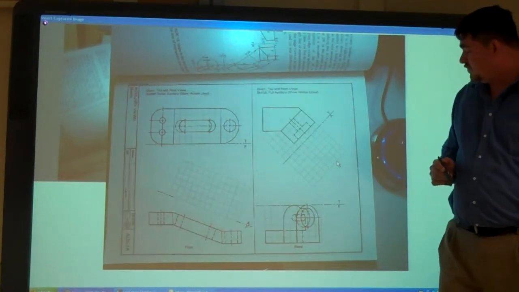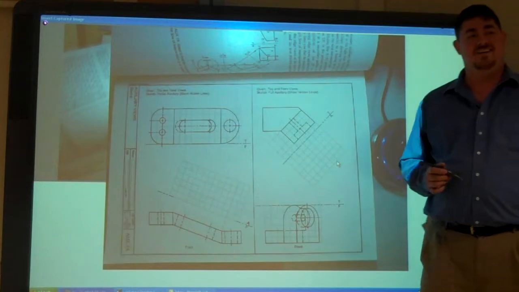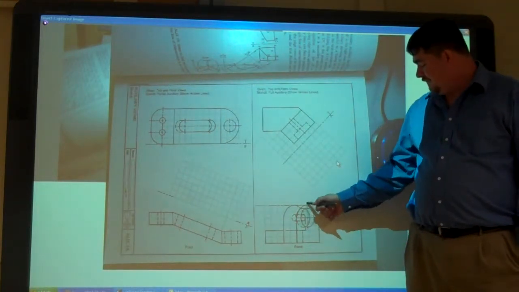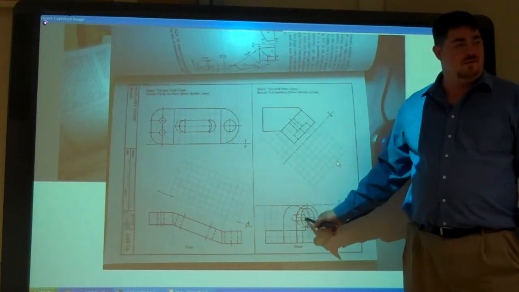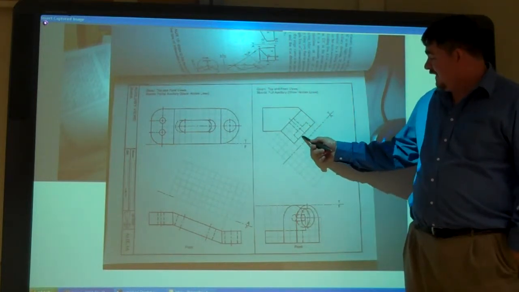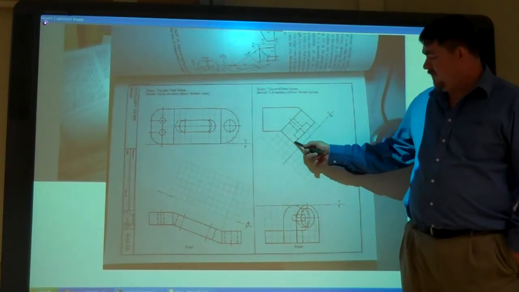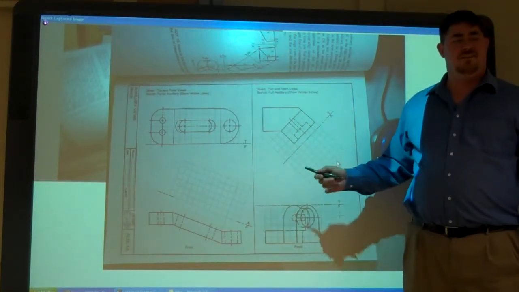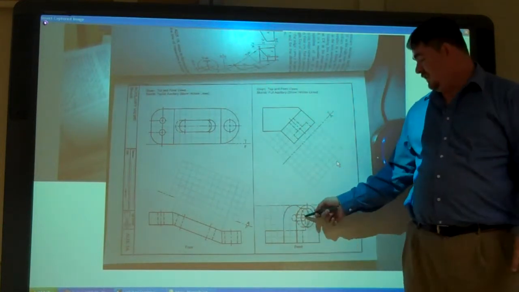This one, if you count the squares, it doesn't work out to be a circle. So if you count this, this is 2 squares up, right? And if you count here from the center line out, it's 2.5. So that measurement, the radius going out to the side, should be the same as the radius going up.